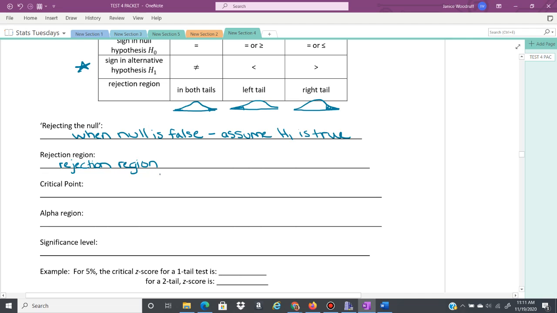Region where, sorry, null is rejected. The critical point is the value that will cause rejection. Okay, we'll do some examples with these, but let's say the critical point is 2 and you get 2.1, that would cause rejection, depending on the rejection region.